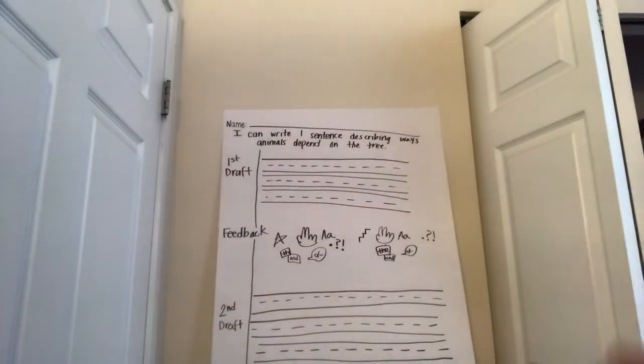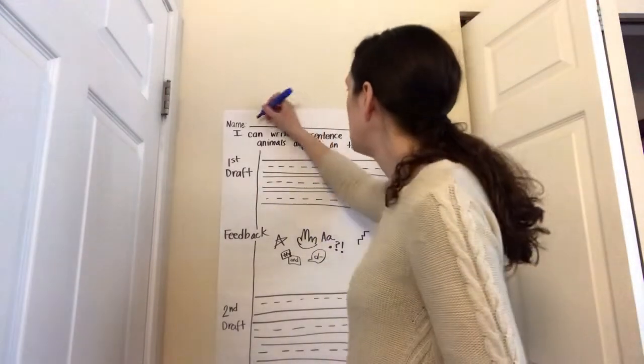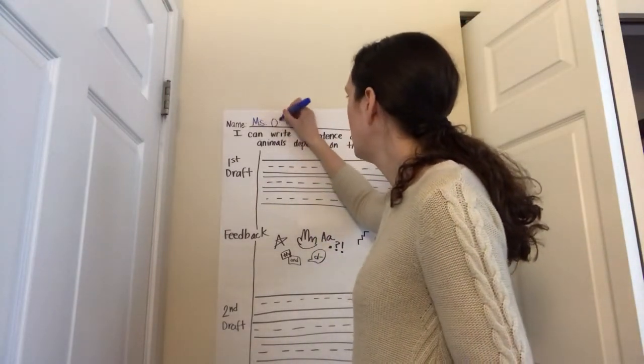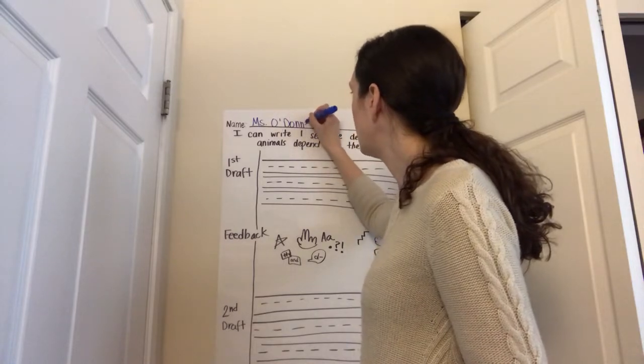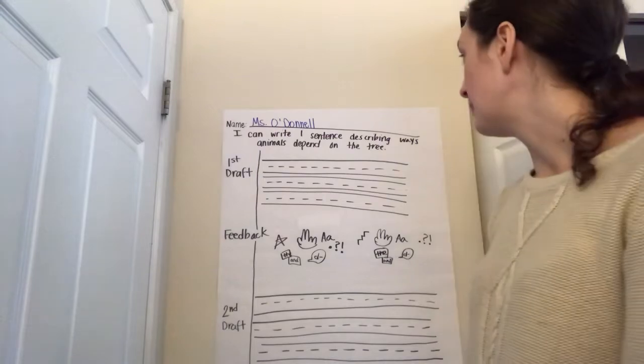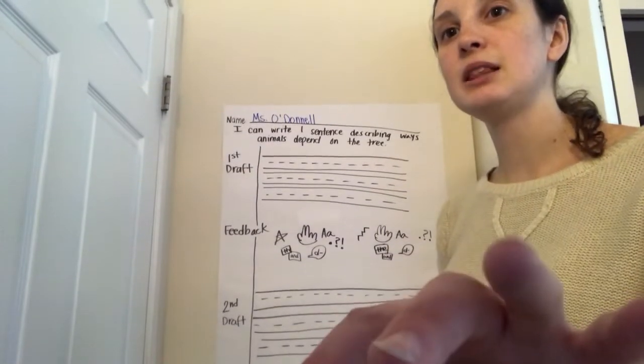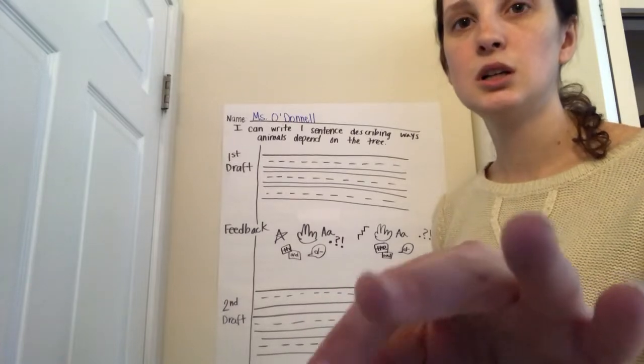And my last sentence here says, I can write one sentence describing ways animals depend on the tree. I want you to choose an animal that you didn't write about last week. Last week I wrote about the rabbits, and today I'm going to write about a different animal. I think I'm going to choose the squirrel.